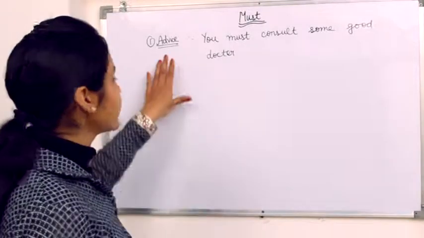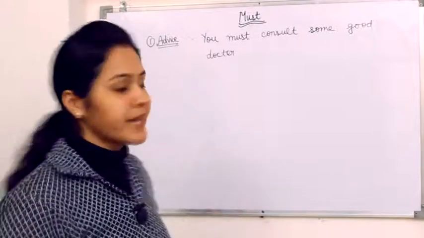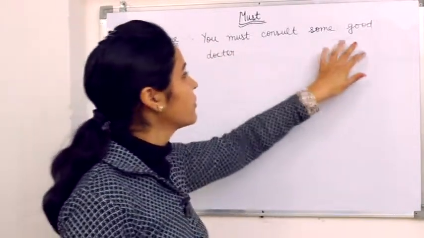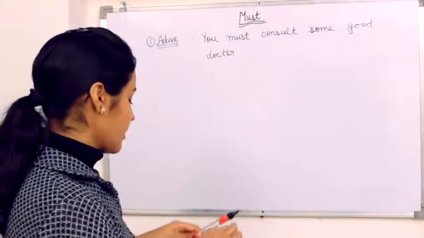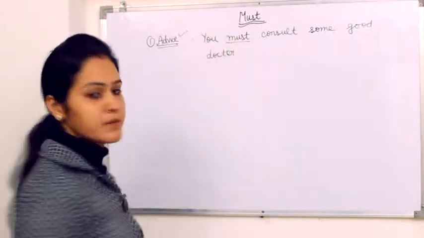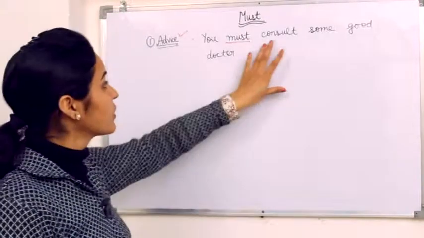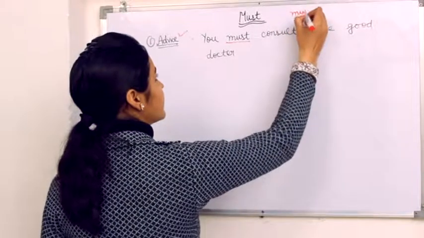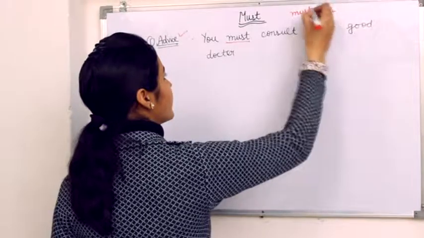In this sentence, this is related to advice. Somebody gave advice, which is you must consult some good doctor. Means when we talk about advice, then we must use must here. This is a helping verb related to V1.